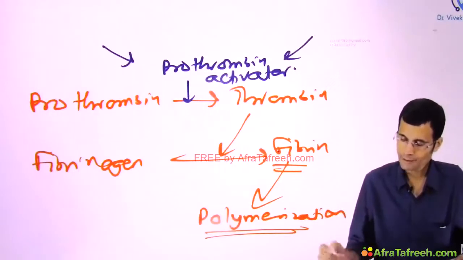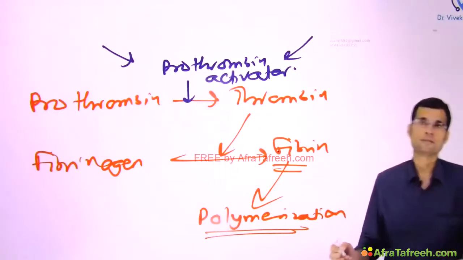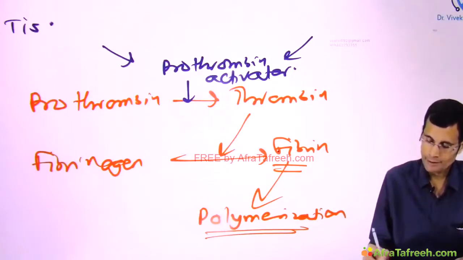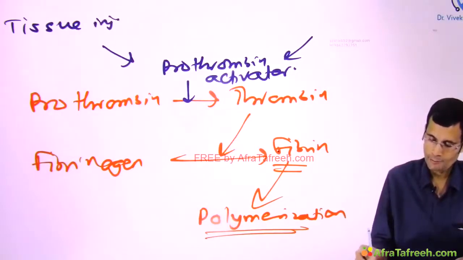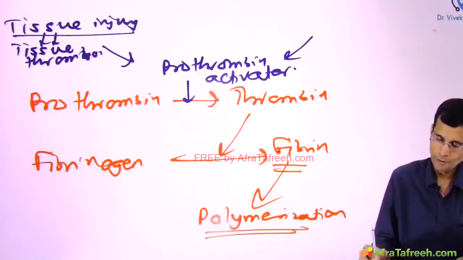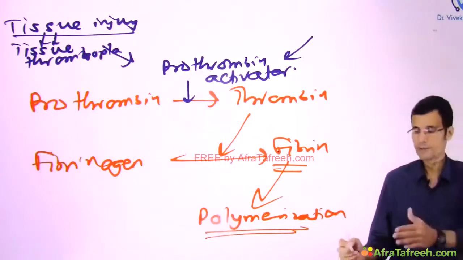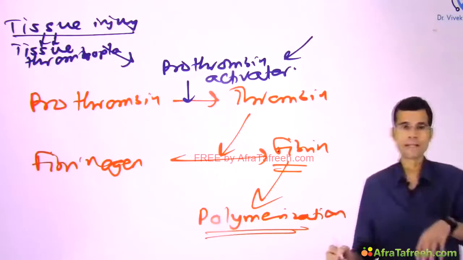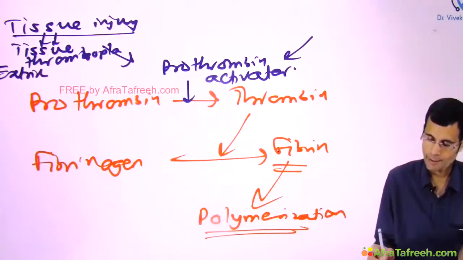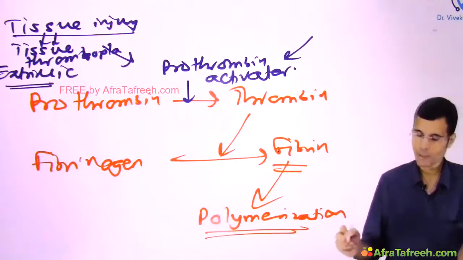Prothrombin activator is formed in 2 ways. One is when there is tissue injury and there is release of tissue thromboplastin. And this forms finally the prothrombin activator. This is called the extrinsic mechanism of clotting or extrinsic pathway of clotting.